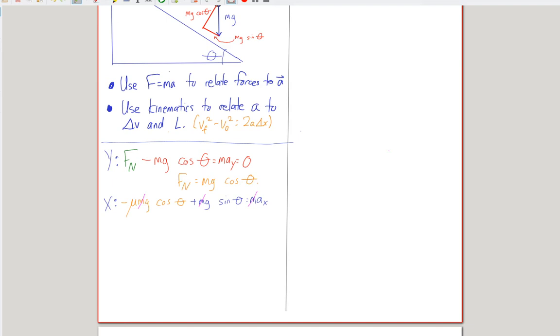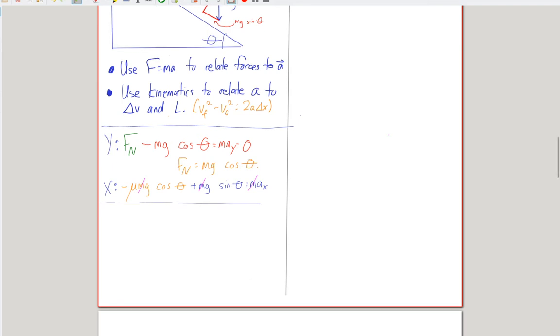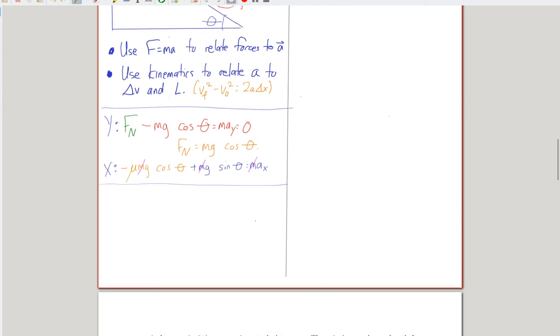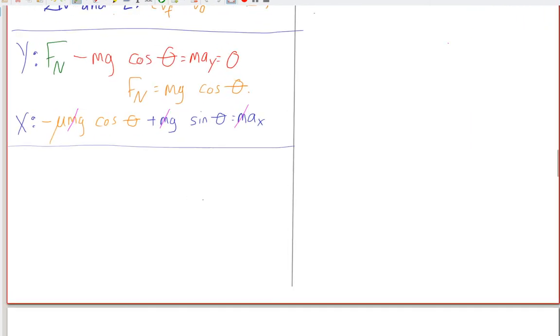My kinematics, remember I had that, I'm going to zoom in a little bit because I'm running out of room. I know that Vf squared minus V naught squared equals 2a delta x, but I know that V naught is 0. So substituting in my relationship for a, that gives me Vf squared equals 2a delta x.